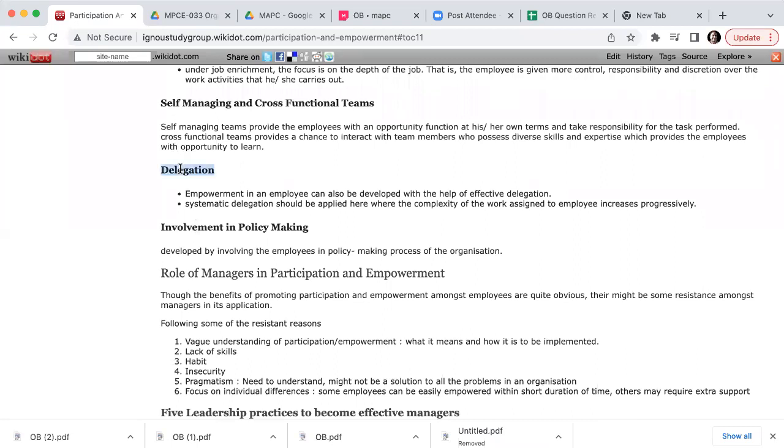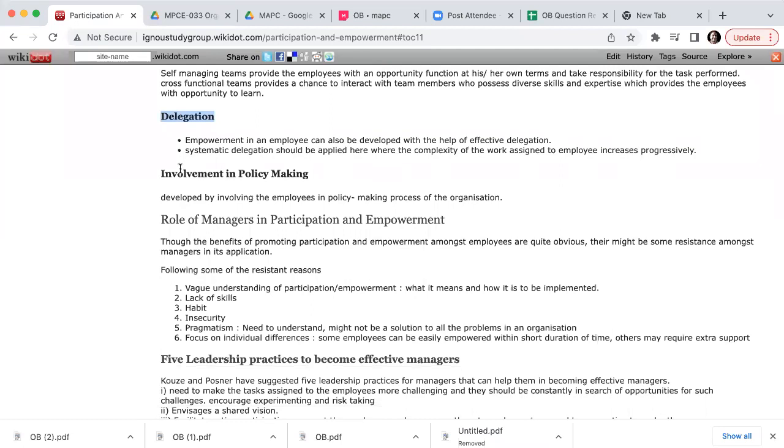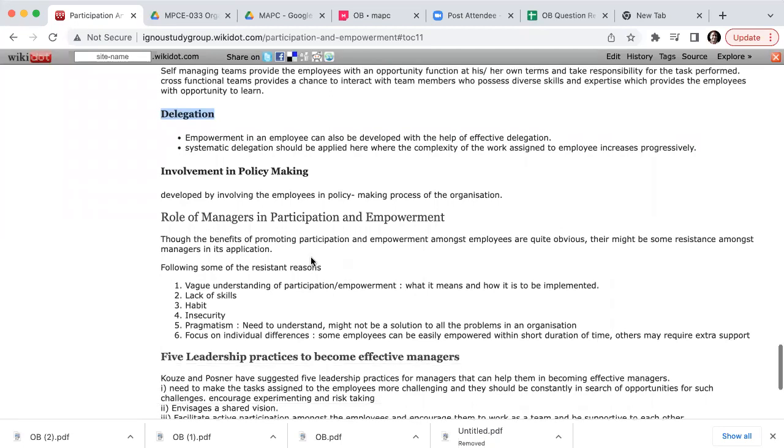Delegation. A manager should delegate work to the employees under them. If they don't delegate, then obviously employees cannot feel that empowerment. So delegation is a very core aspect of empowerment, and systematic delegation should be applied. What is systematic delegation? You should not say, do this PPT, and then leave it there.